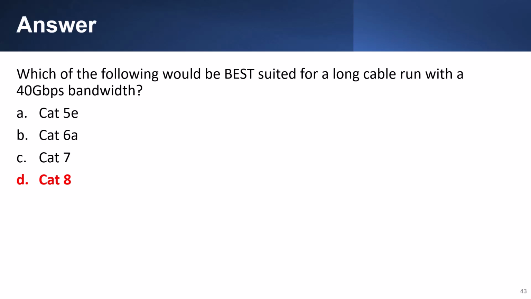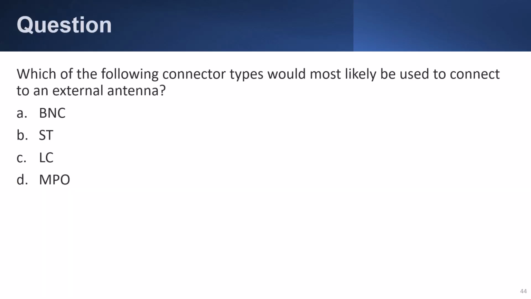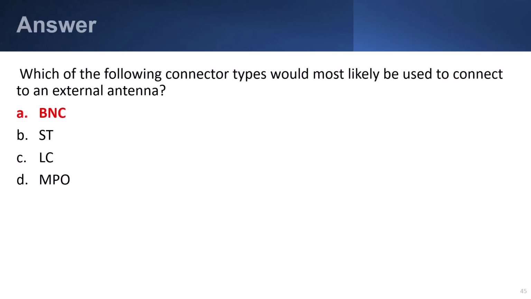Answer: Cat8. Question: which of the following connector types would most likely be used to connect to an external antenna? Answer: B and C.